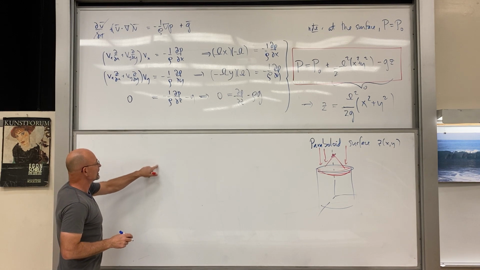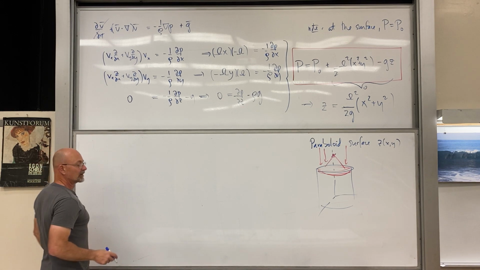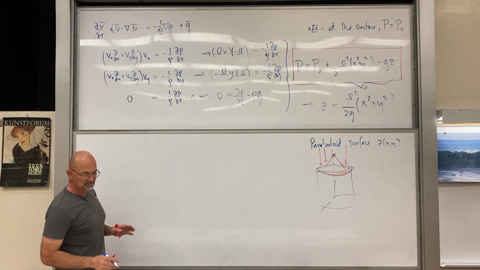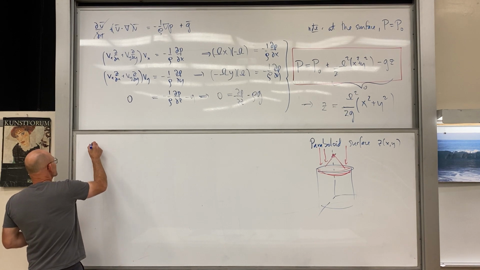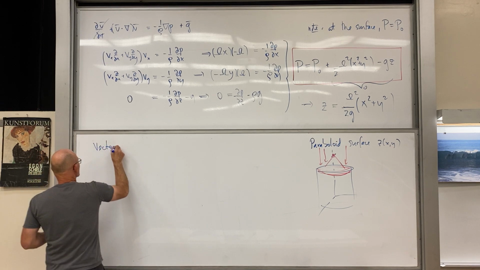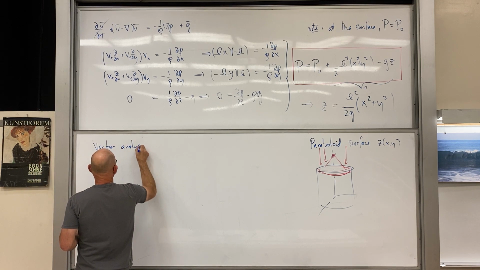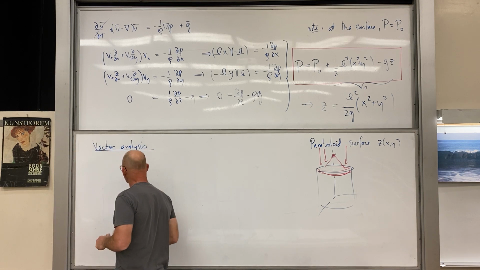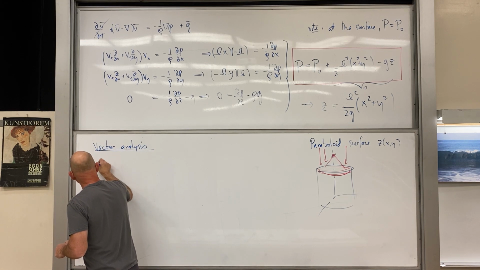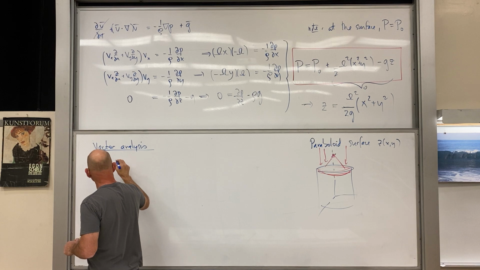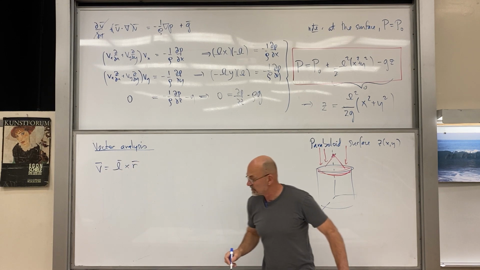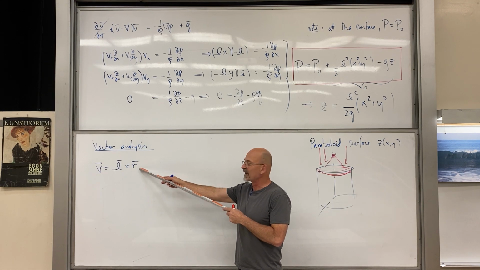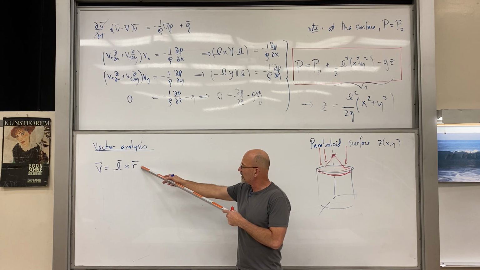That'll motivate a longer or shorter section on the vector analysis. Let's just write here vector analysis. Kind of discuss what we've had so far. We have this velocity equals omega cross r, and again we're doing two-dimensional, x and y. Ignore the z component.